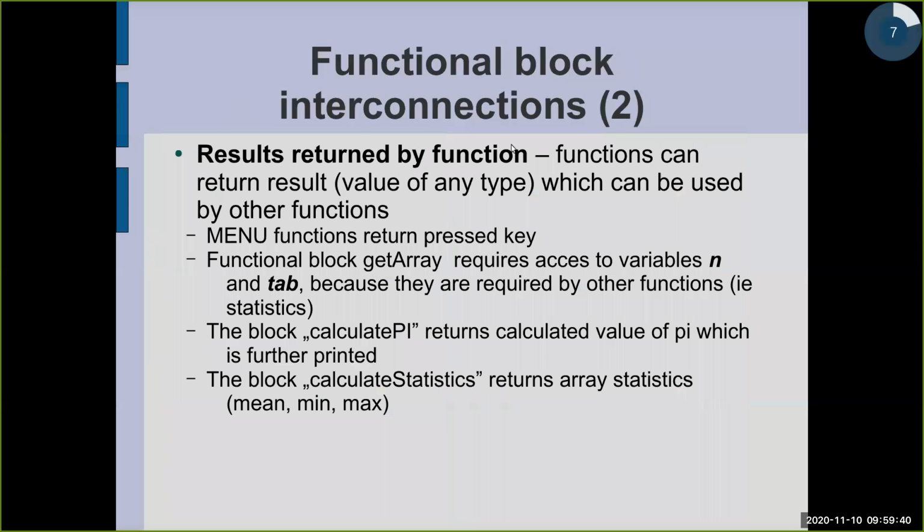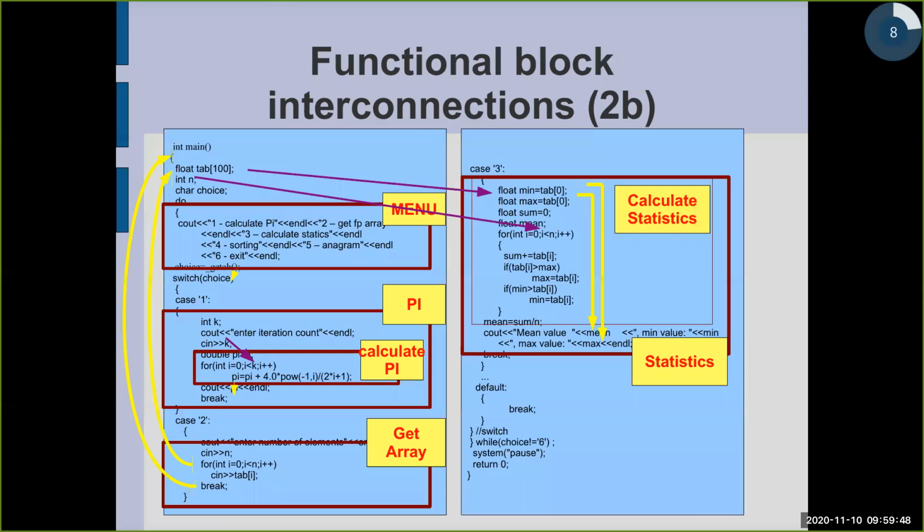And we have also outputs, so results which are returned by a particular block. So look, here we have result. The result of get array is our values which are printed here. The result of calculate pi is value of pi.